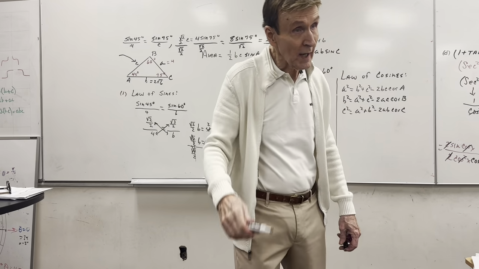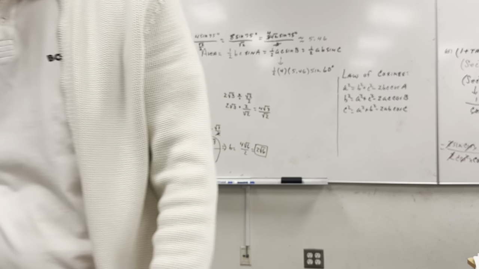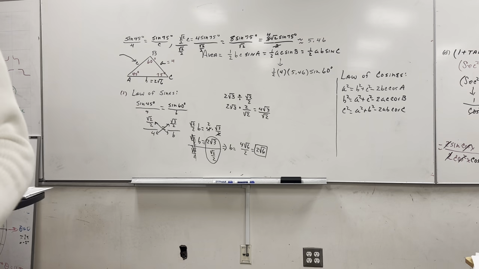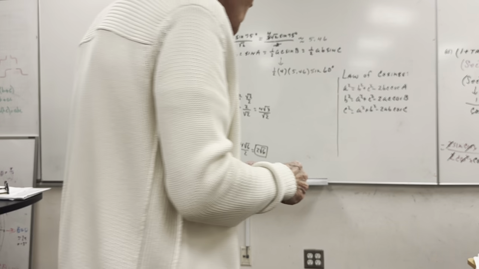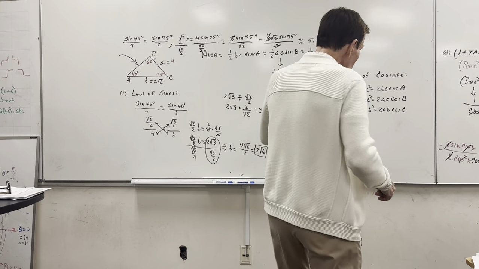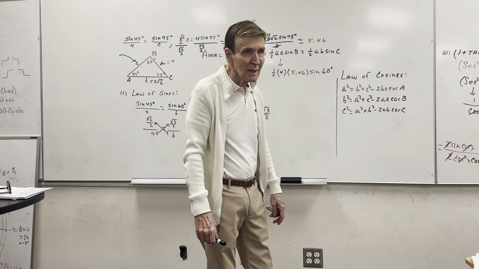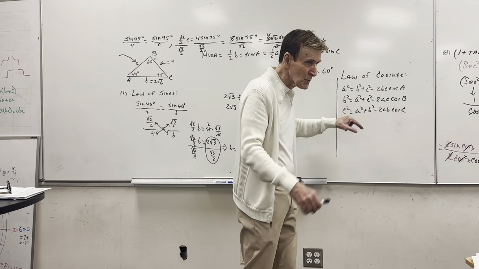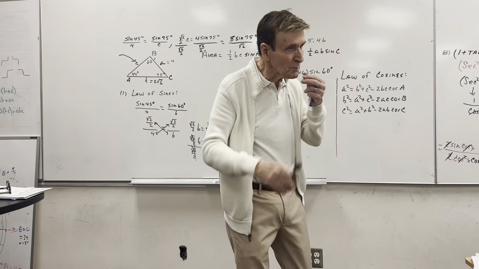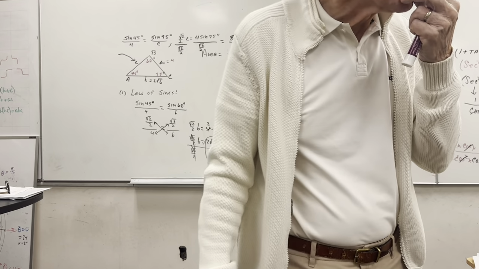Now, the last one looks so familiar to something you've seen since grade 6. Does this one look so much like c squared is equal to a squared plus b squared? Yeah. It does. Now, let's be clever. The Pythagorean theorem works only for what type of triangle? Right triangle.